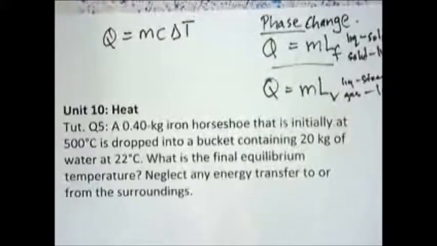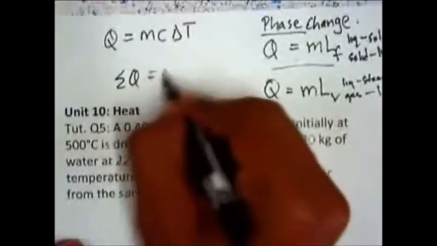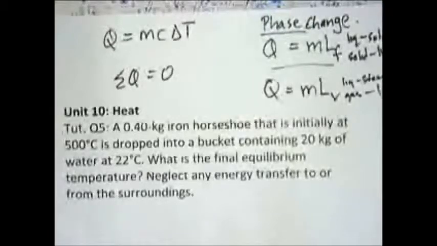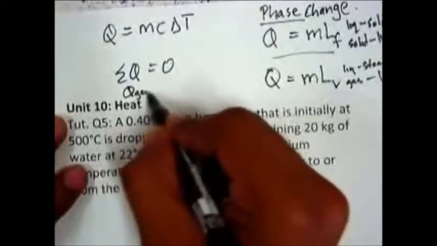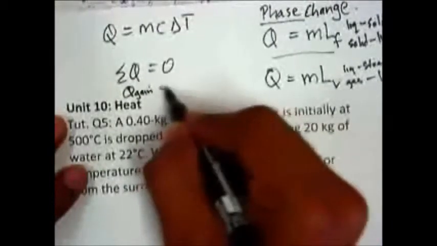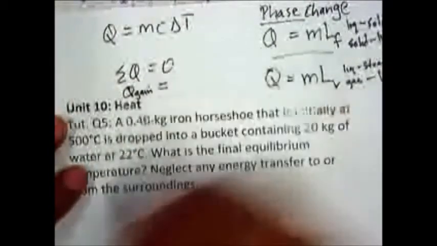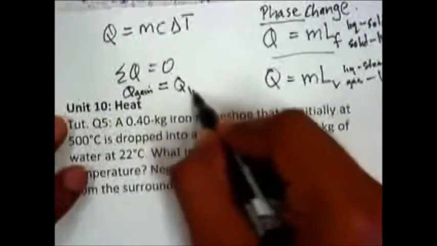The other thing that you need to know is, when you have a system in equilibrium, then the sum of the heat is equal to 0. Or the other way we write that is, we say Q gained minus Q loss is equal to 0, and if you take minus Q loss to the other side, it will become Q loss.